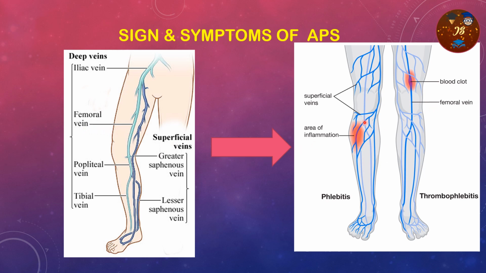There are areas of inflammation, which is called phlebitis. And in the femoral vein, you can see there is deep vein thrombosis, a blood clot. Blood is clotted within the femoral vein, and it is called thrombophlebitis. So if there is inflammation, it is called phlebitis. If there is a blood clot, it is called thrombophlebitis.